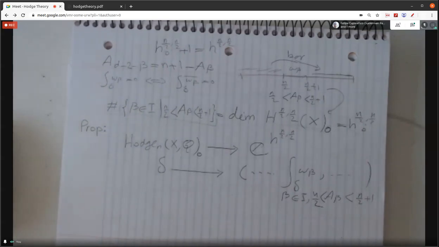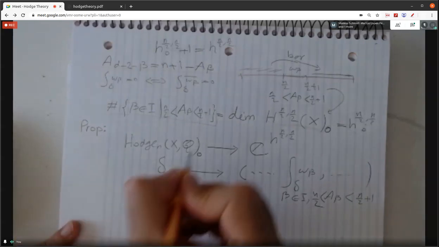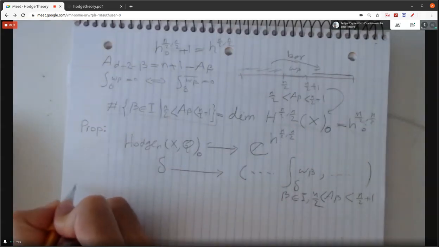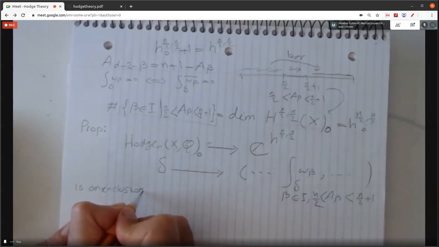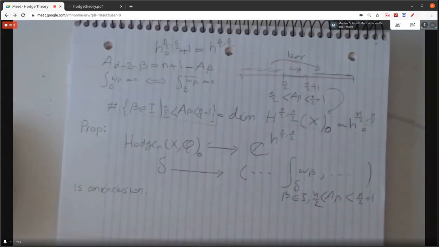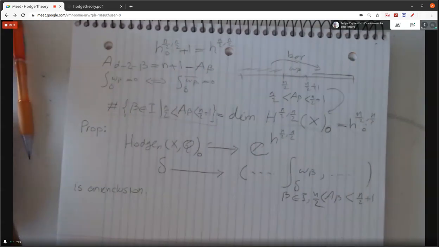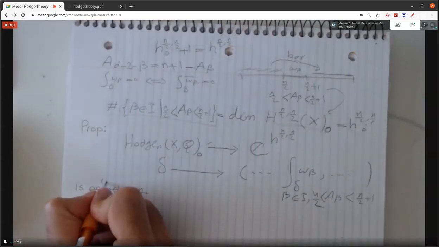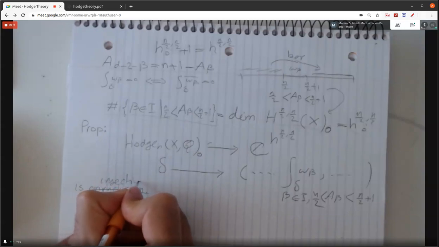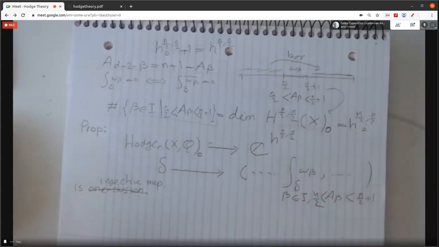Okay, so one observation is that this is an inclusion, an injective map.